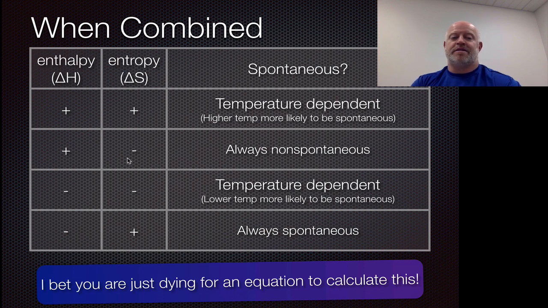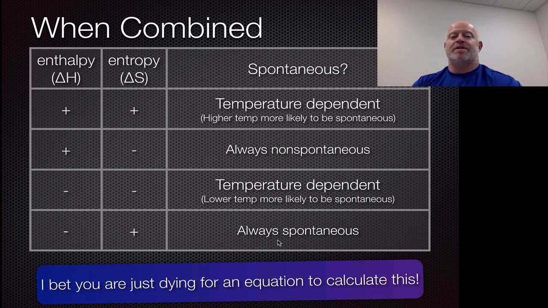If you have a plus minus, it's always non-spontaneous. It's always endothermic and always getting more organized. If it's minus minus, lower temperatures make it spontaneous, because we multiply the entropy by a small number, so this would dominate, making it spontaneous. And then of course the minus plus, where it's exothermic and becomes more disorganized, is always spontaneous.